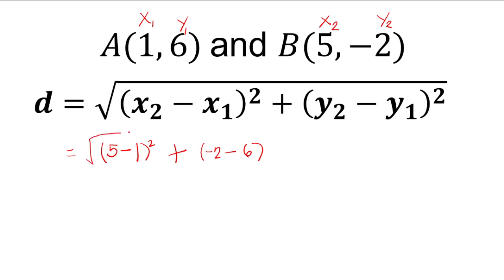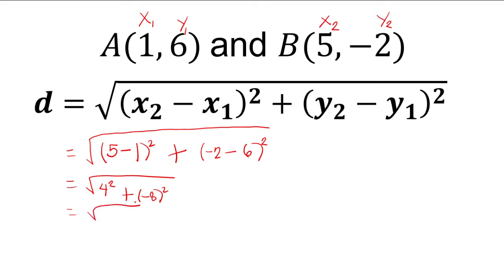Okay? Next. Ayusin lang natin ng ating square. Okay. So, after substituting, proceed with the operation. May square siya dyan. So, 5 minus 1 is 4. Plus, negative 2 minus 6 is negative 8 quantity square. Okay?